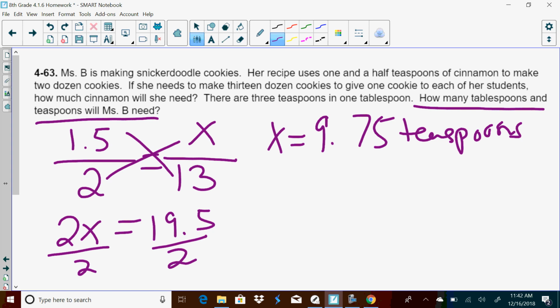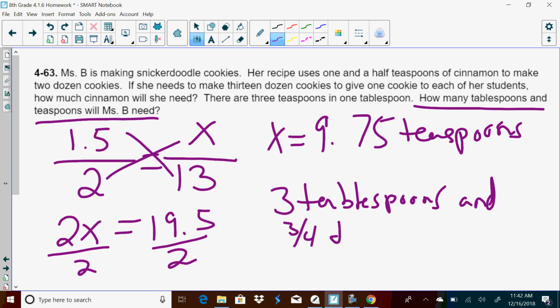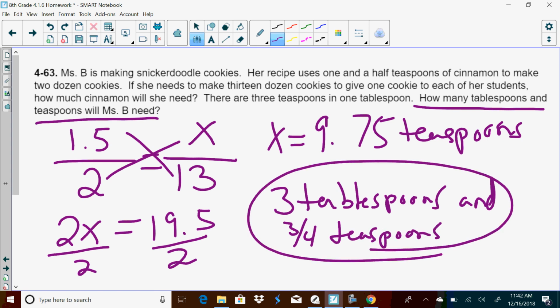So there are 3 teaspoons in a tablespoon, so I figured I could need 3 tablespoons and 3/4, 0.75 of a teaspoon. So that was my final answer.